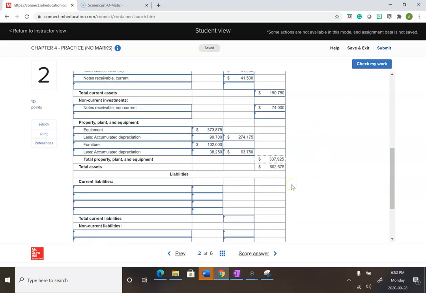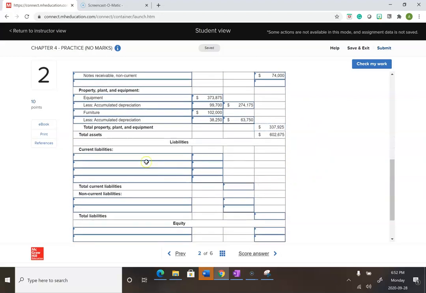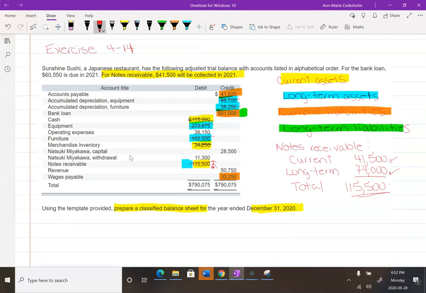Now we're going to move to our liabilities. So with our current liabilities, what I see here, so remember I highlighted them in orange, so in order of liquidity, I'm going to do the accounts payable first, because usually we put accounts payable first, then the wages payable, and then part of this bank loan.